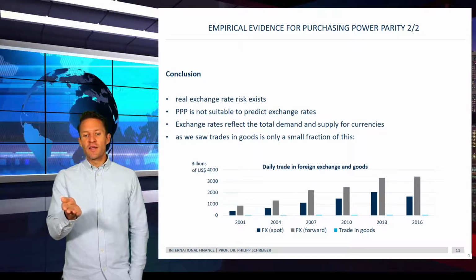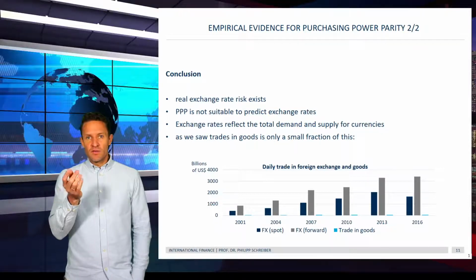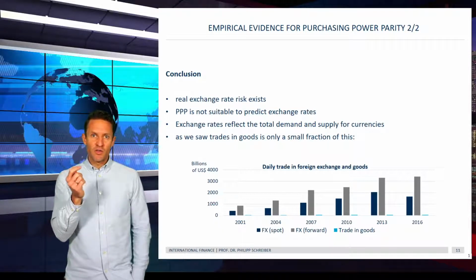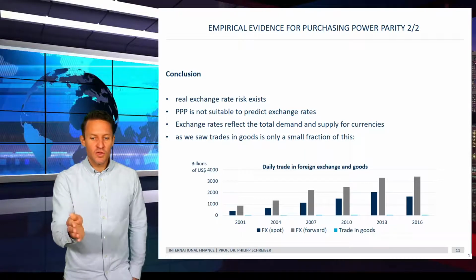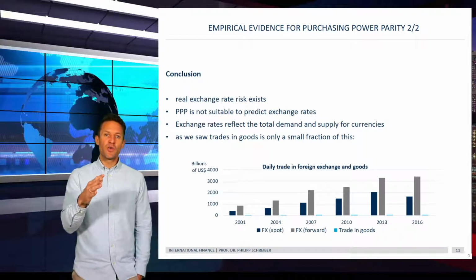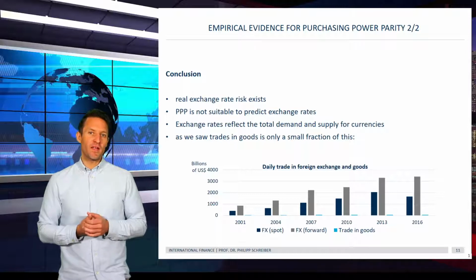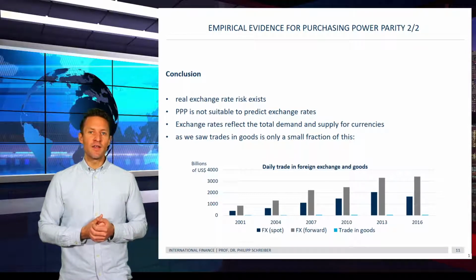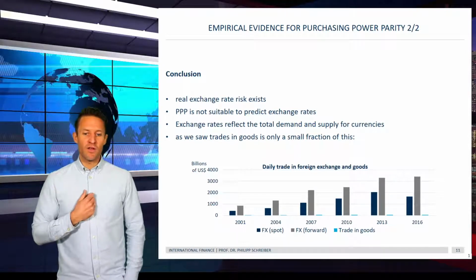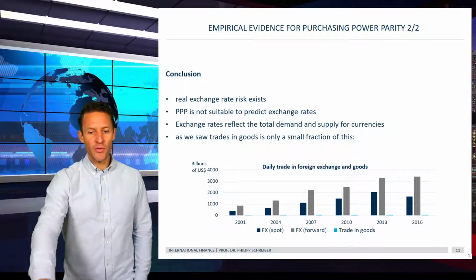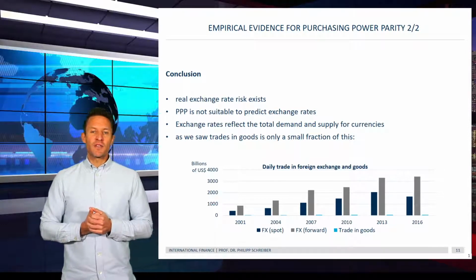You can see that the proportion of trade in goods, which would influence the exchange rate, is so small compared to trade in currencies that there needs to be some other effect in place that drives the exchange rate risk and the exchange rate fluctuation. Okay, with that we are closing the first part of this lecture.